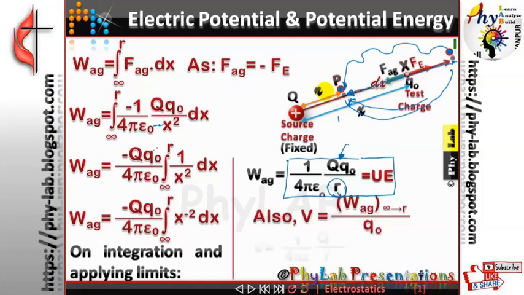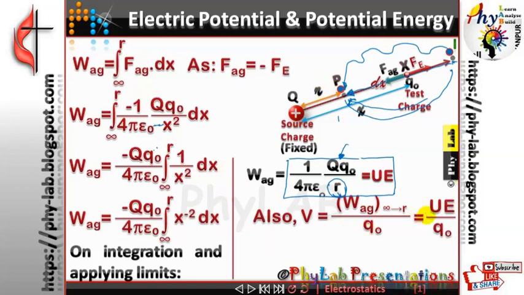Also, as you know, we have defined the potential as the work done by the agent bringing the charge from infinity to some point r divided by the magnitude of the charge that you are bringing. And this work done has already defined the potential energy over here.